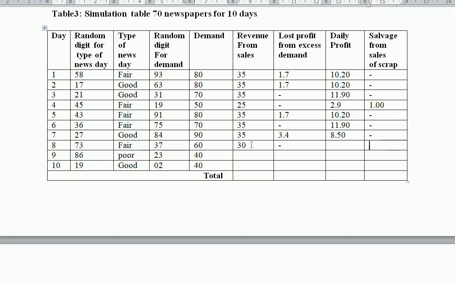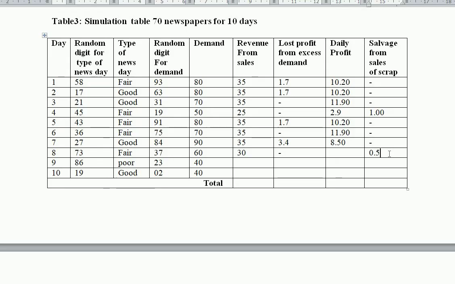That is 10 scrap papers, that is 60 plus 10, total 70. We are going to sell it for 0.5. So 10 papers into 5 paisa, that is the scrap paper value you are going to get. And the daily profit using a formula, if we calculate that, you are going to get 7.40.